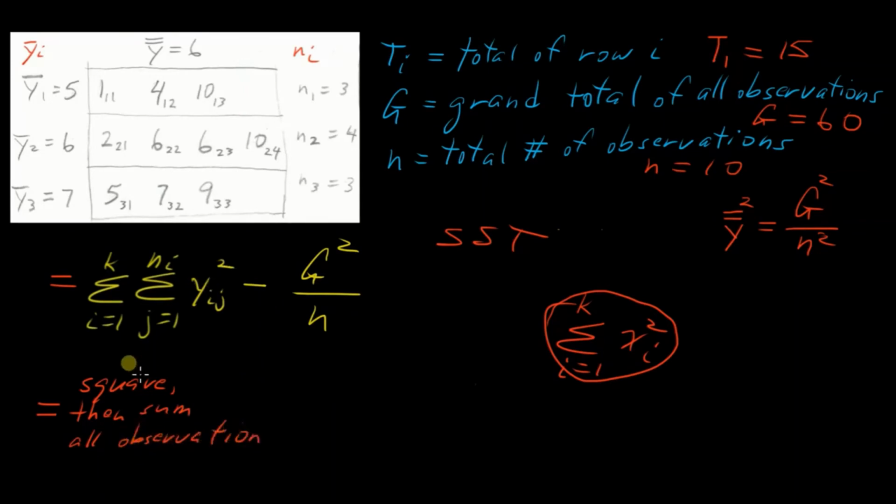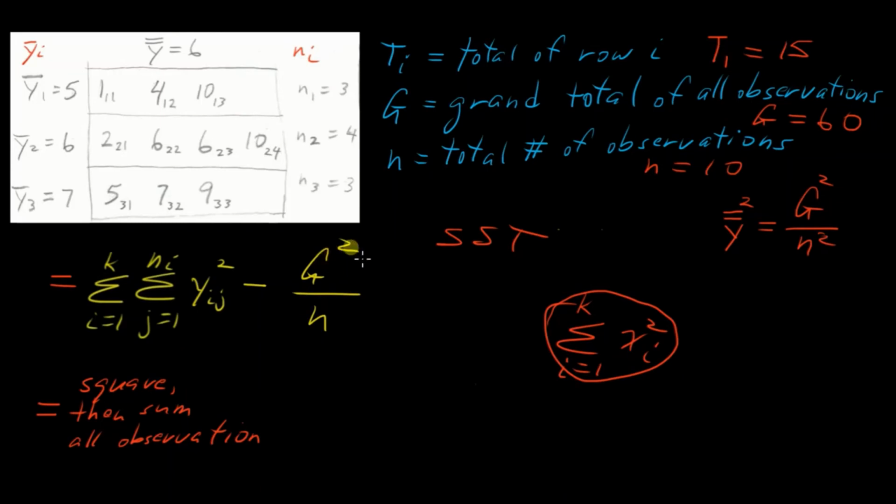That just means that this part here is always going to be, in this case, 1 squared plus 4 squared plus 10 squared plus 2 squared plus 6 squared plus 6 squared and so on all the way to the end. Regardless of the notation, that is what this first part is always going to have you doing. So if you already know what it's going to do and you're anticipating that, then making sense of the particular notation used within whatever system they're using is not usually going to be too hard to do.